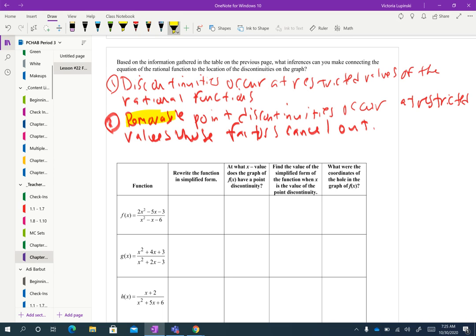So bottom line, removable point discontinuities happen at the places where the factors cancel out, compared to the third conclusion.